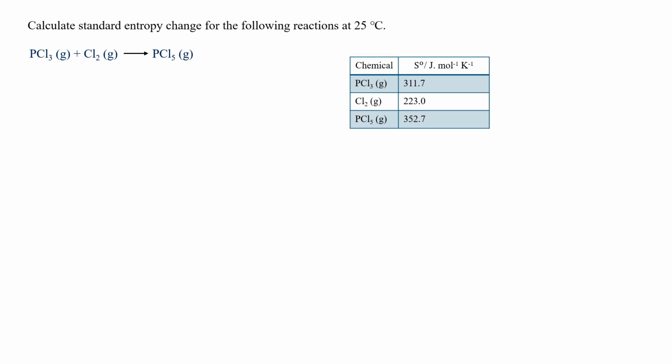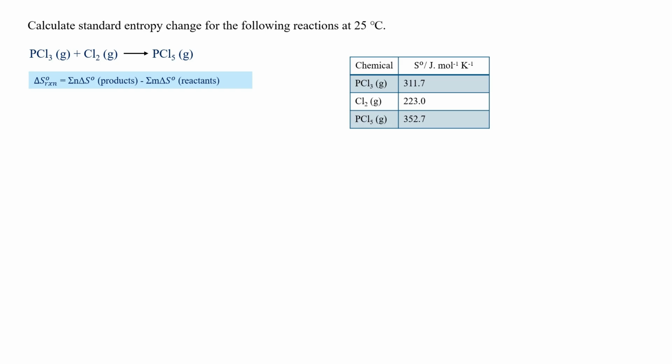You can see in the table standard entropy values are given: PCl3 311.7, Cl2 223.0 and PCl5 352.7. These standard entropy values you can find in any textbook's appendix section or on the internet. And the values are given in units of joules per mole per Kelvin.